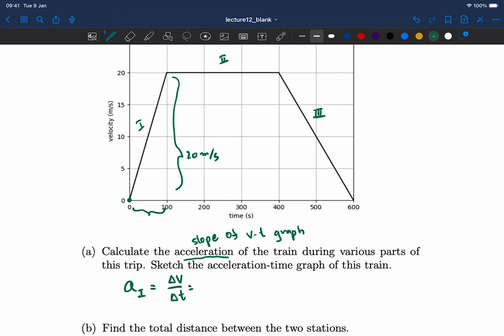And delta T, which is the base of this triangle, is going to be 100 seconds. So it's 20 meters per second divided by 100 seconds. That's going to be 0.2 meters per second squared. So that's this part here, the first chunk. 0.2 meters per second squared.